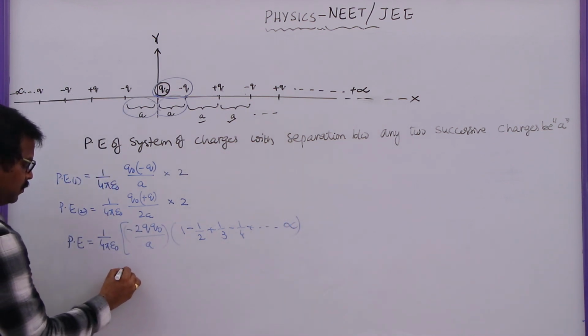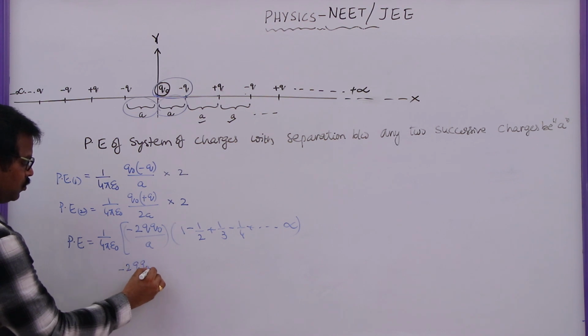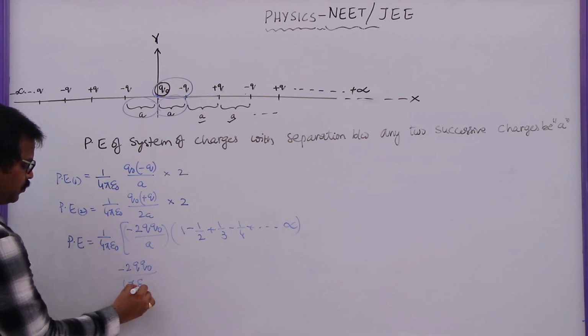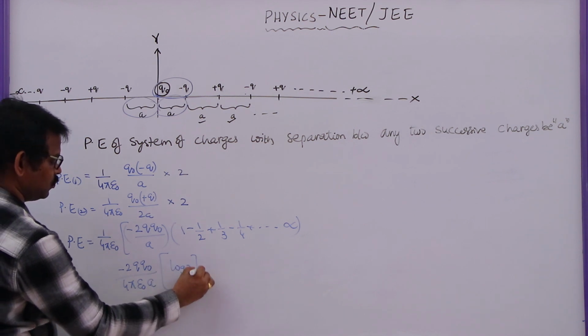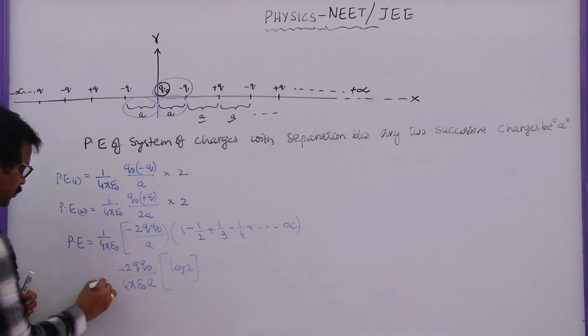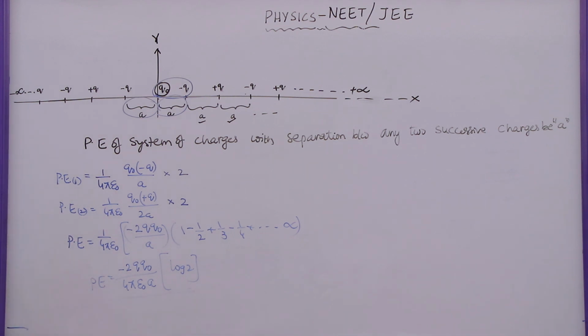So this is given by minus 2 q naught by 4 pi epsilon naught a, this is a log 2. So this is the potential energy of this system of charges placed.